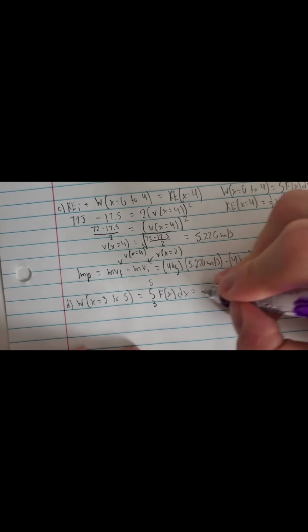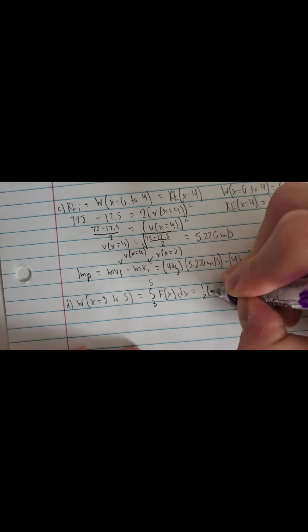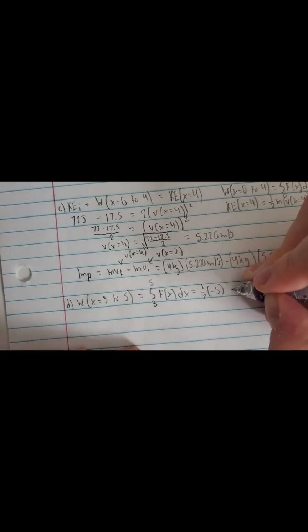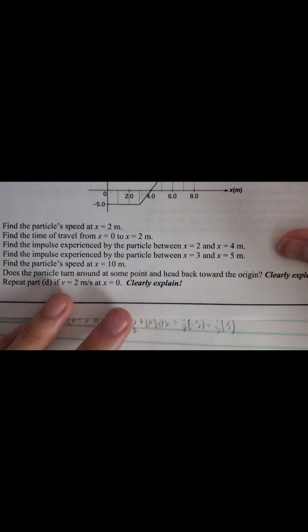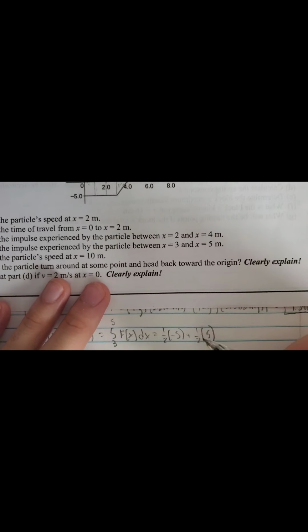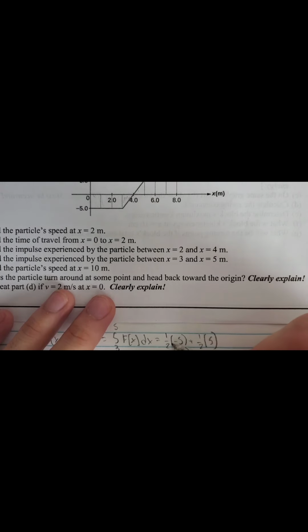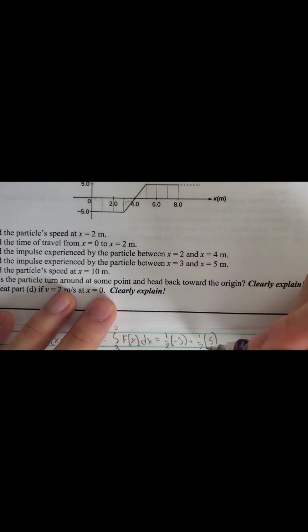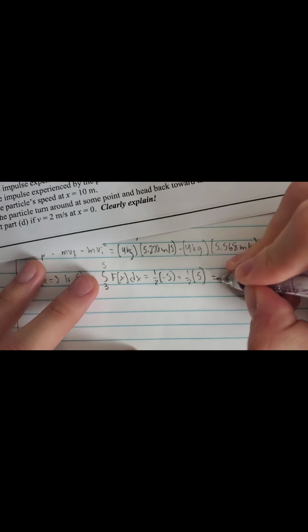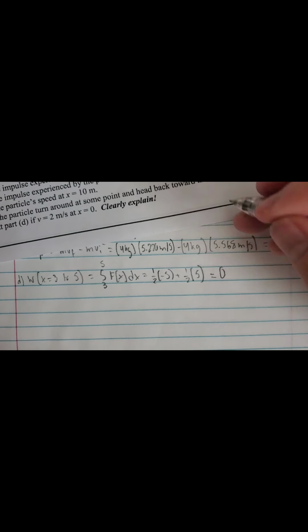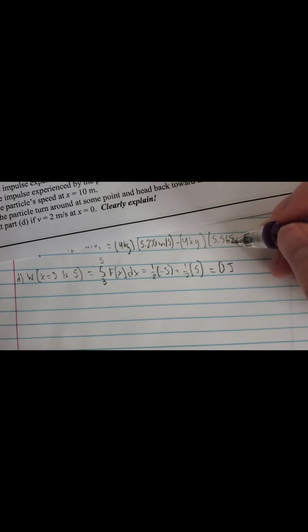So this is one triangle, and this is the triangle above right here. This represents the area of this triangle, and this represents the area of this triangle, and they're going to cancel out, leaving 0 work, or 0 joules.